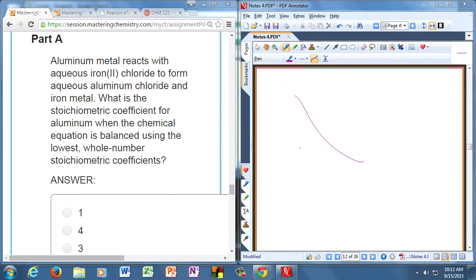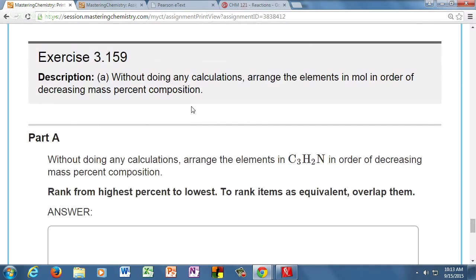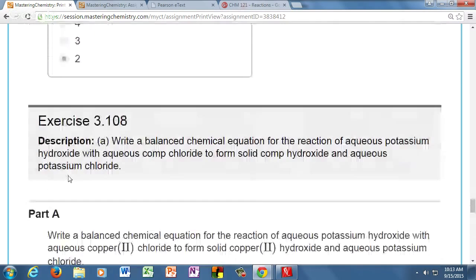That is not balanced as it is, so we need to have 3 here, 2 here, 2 here, 3 there. That works, right? That looks good. So what is the coefficient for aluminum? Should be 2. Yeah, 2.